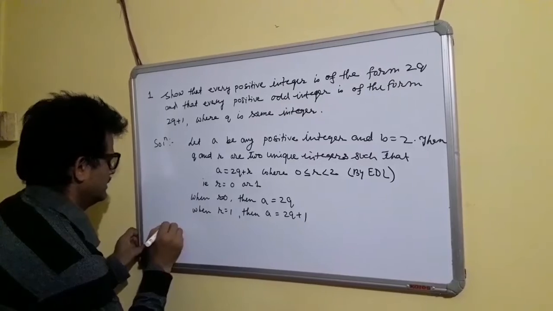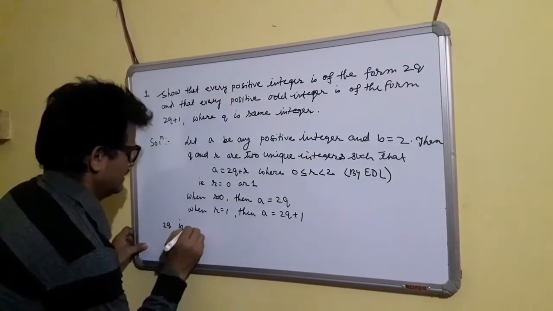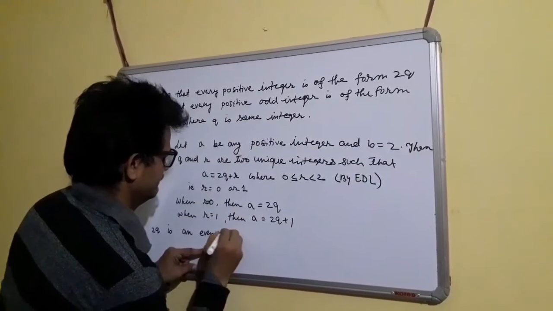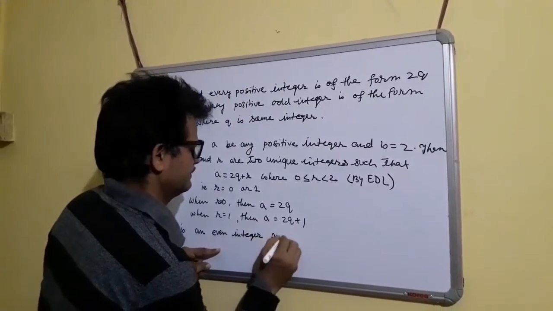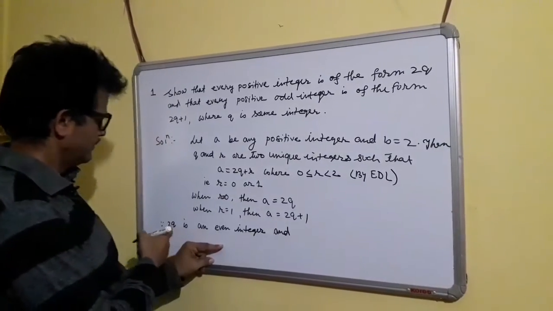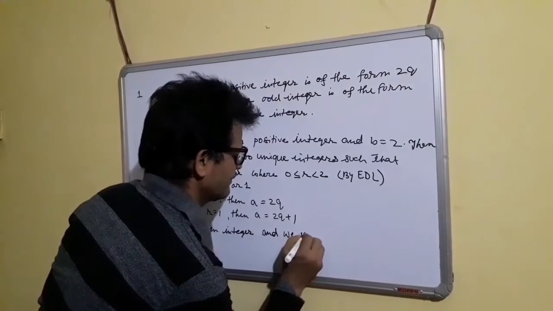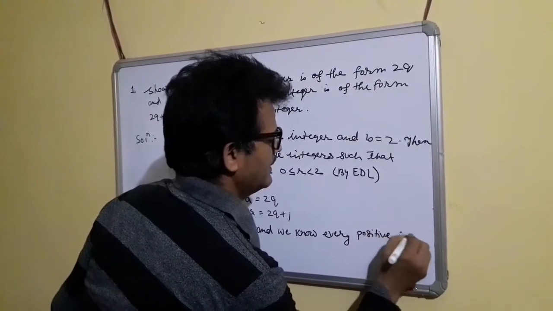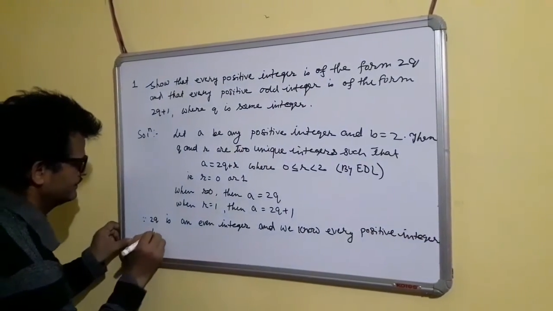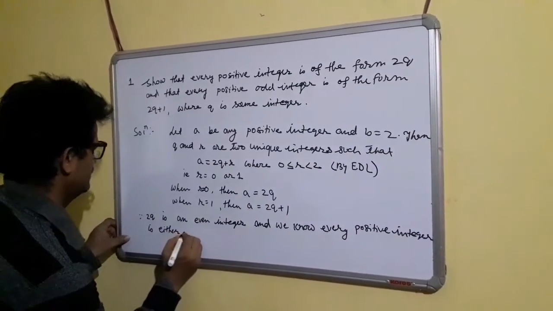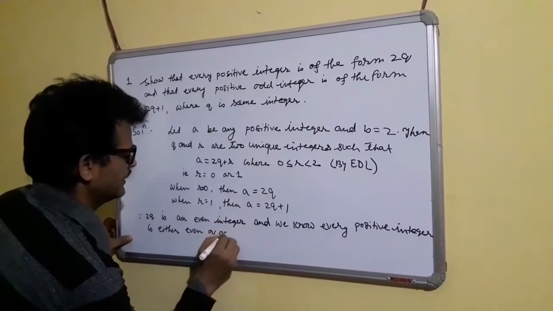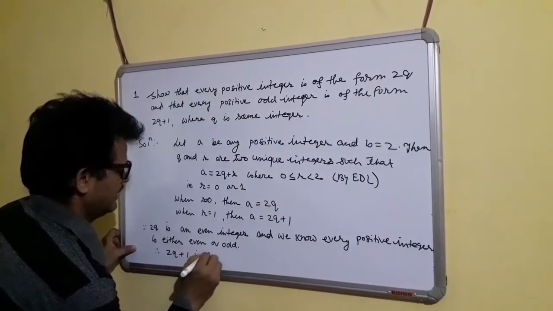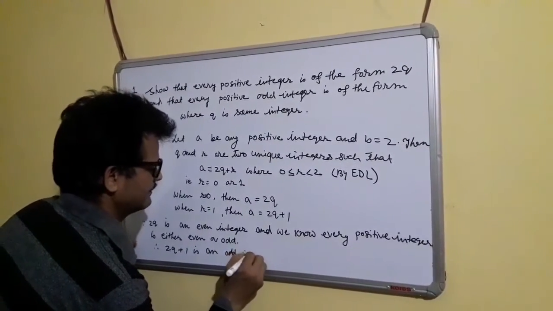So 2q is an even integer, and we know every positive integer is either even or odd. Therefore, 2q plus 1 is an odd integer.